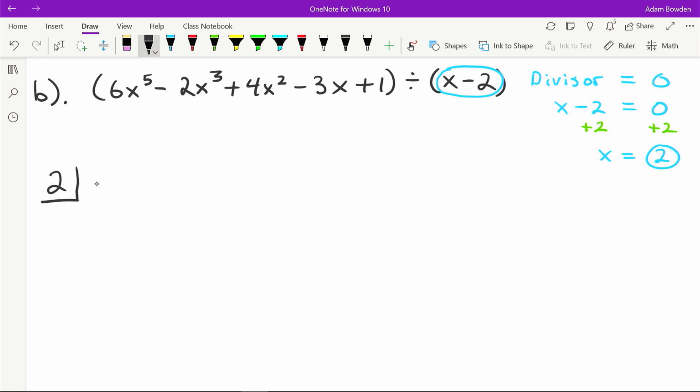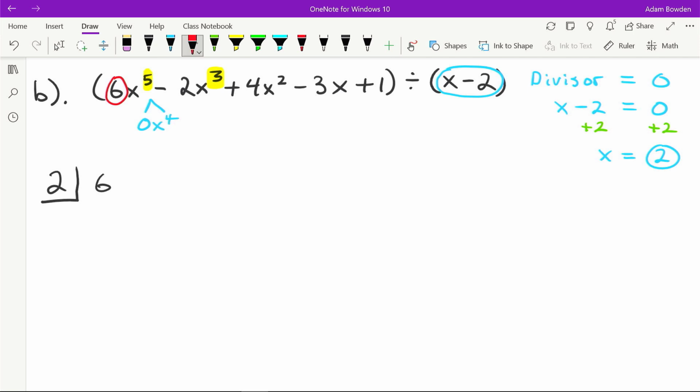Then let's look at the numbers from what we're dividing into. We have a 6 here, but there's another thing we need to pay attention to, and that's the powers of x. Notice how they go from 5 to 3 with no x to the 4 in the middle. Earlier we talked about how we need to put a placeholder if a power of x is not there.